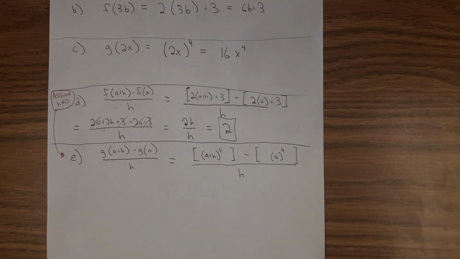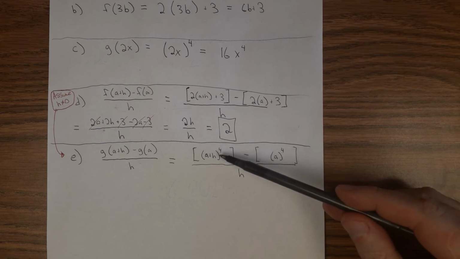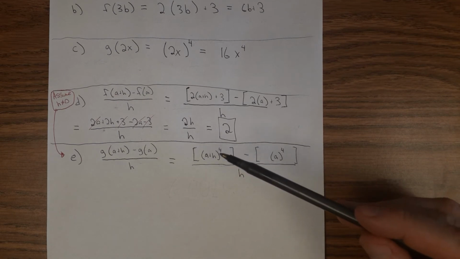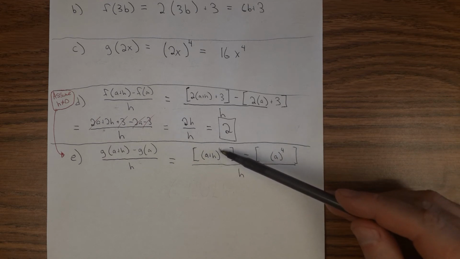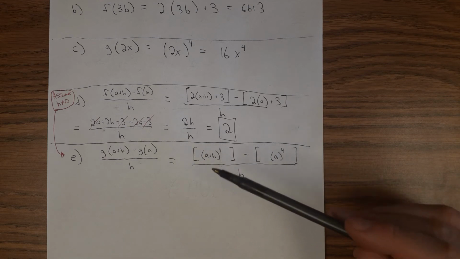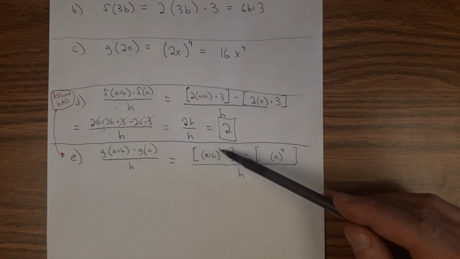Okay, now we have to simplify this. And this is not so easy. Well, it's not hard. You just have to know what to do. How do I simplify something like (a plus h) to the 4th? You should all know how to do (a plus h) squared.